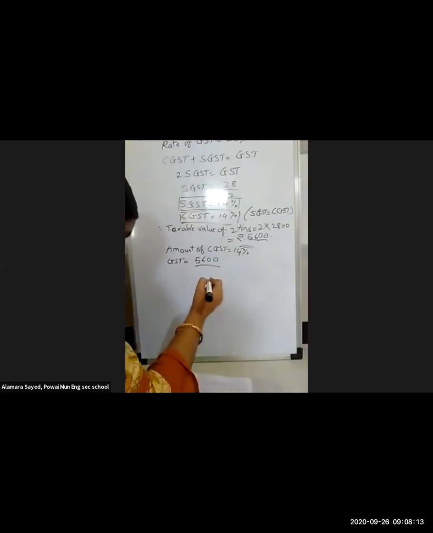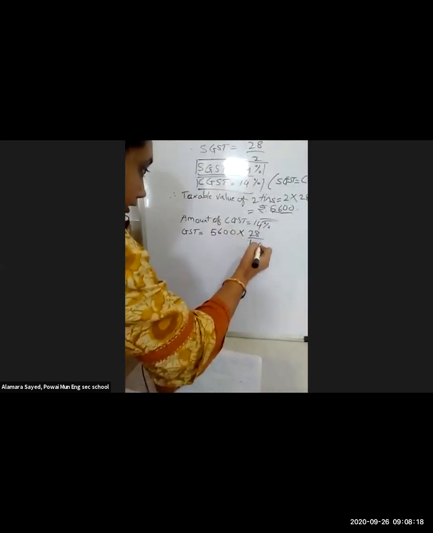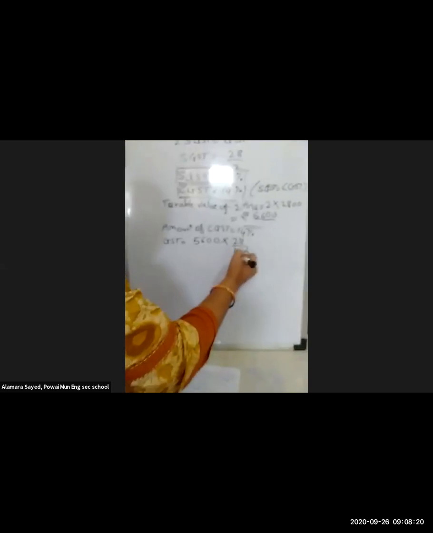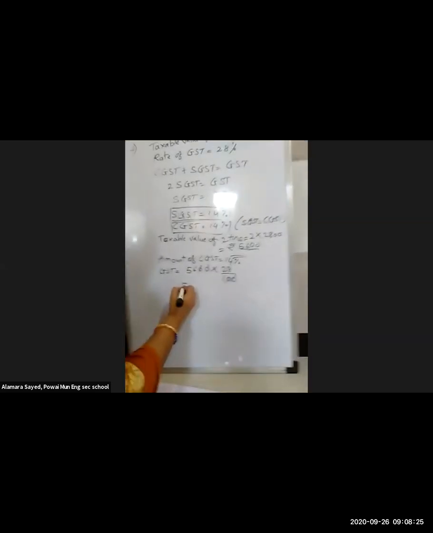GST is equal to 5,600 into 28 upon 100, that is 28% we have to find of it, no? So 20 here cancels, 20 here will cancel, and the answer is rupees 1,568. So now amount of CGST we will see.